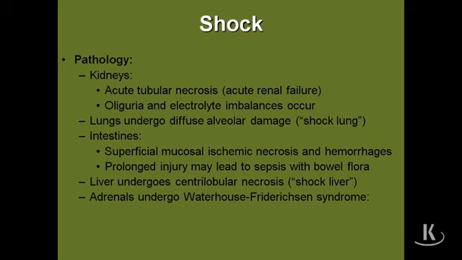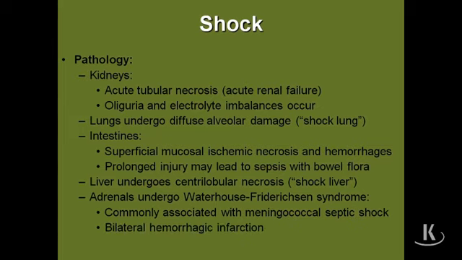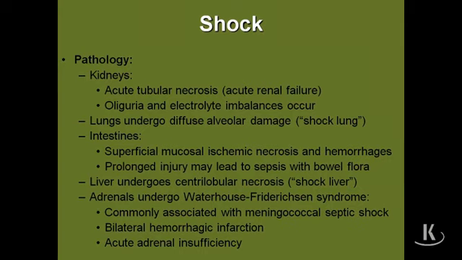Then, in the case of Waterhouse-Friderichsen syndrome, remember that's due to meningococcal septicemia, where the Neisseria meningitidis organism gets into the bloodstream, and it can lead to bilateral acute hemorrhagic infarction of the adrenal glands, further decreasing the ability to make important hormones like cortisol that's important for maintaining blood pressure, for example, and leading to further decreased perfusion. So you will develop what we call clinically acute adrenal insufficiency or acute adrenal crisis.